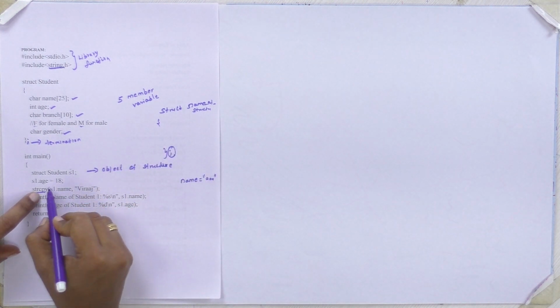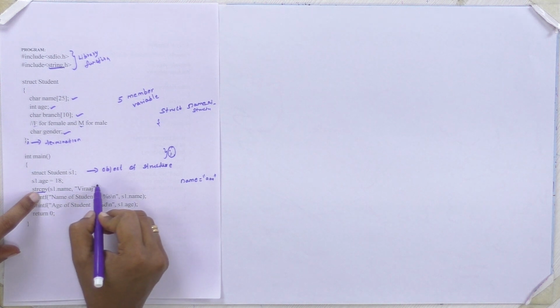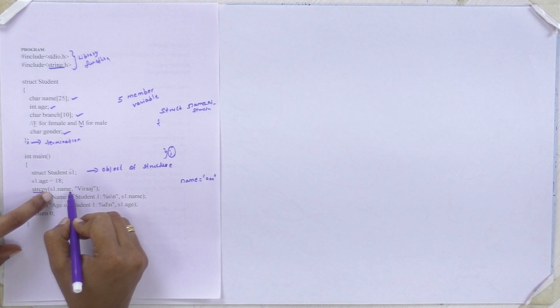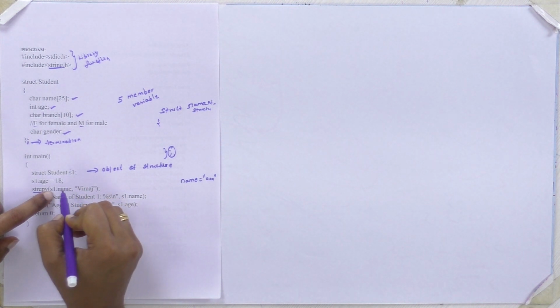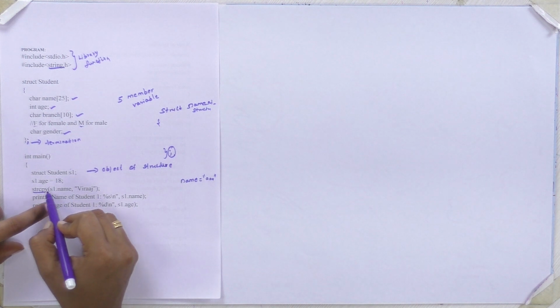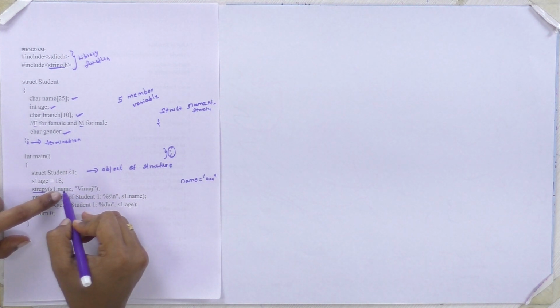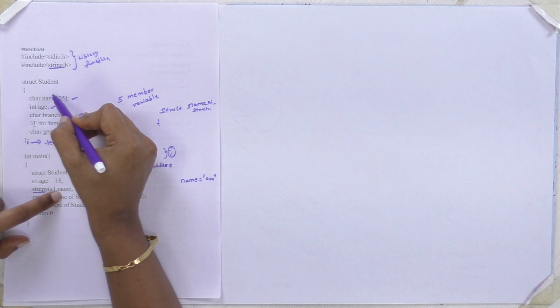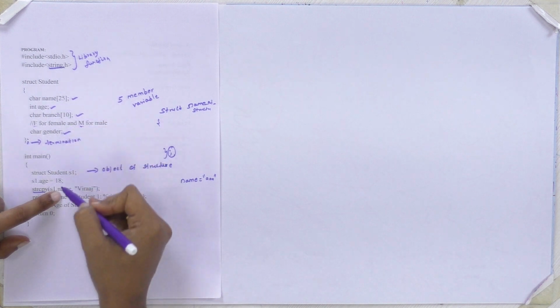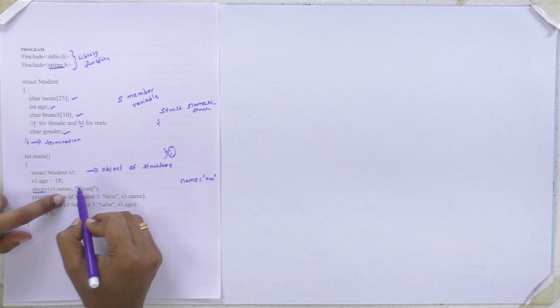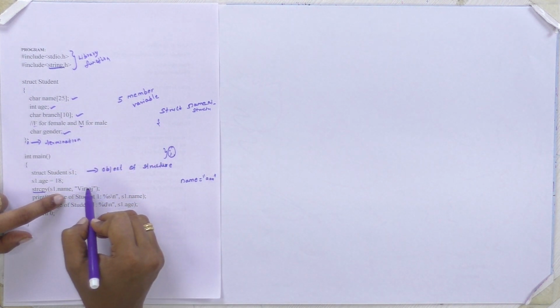That's it. So it has two parameters. The first parameter is where you have to store the value, that is called the destination. So here strcpy, s1.name. By s1.name, s1 is the object, and name is the member of the student. I am going to access this name, comma, then the value.